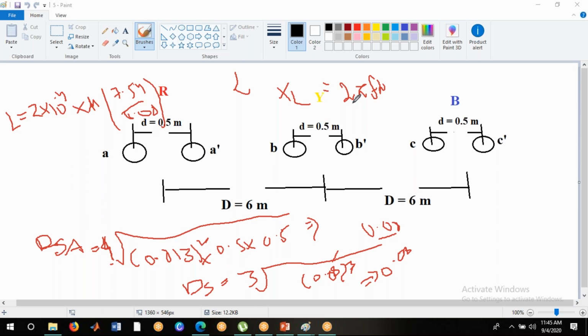It is 0.282. What is the unit of inductive reactance?